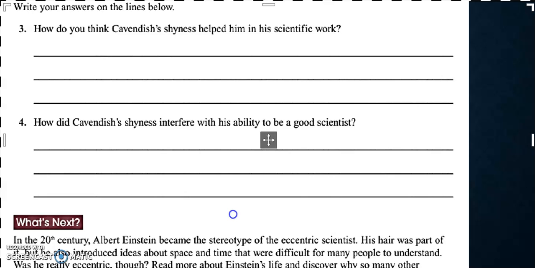He was a crazy scientist, and he discovered important information. How did Cavendish's shyness interfere with his ability to be a good scientist? For me, no, it's not negative. The shyness was positive for him to concentrate and build the machine. Something he disliked, according to the reading, is that if someone talked to him face to face, he felt uncomfortable. This is the only part.